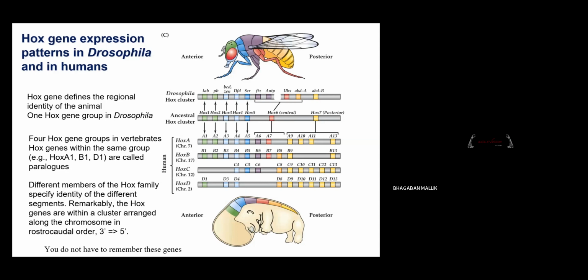So you have the antennapedia complex here, and you have the ultrabithorax complex here. The antennapedia complex develops the anterior part, like here the labium part is also color coded. Different sets of genes are present in this cluster, which develops the anterior part of the animal. And you have the posterior part, the abdomen, and some part of the leg also develops from the ultrabithorax complex.